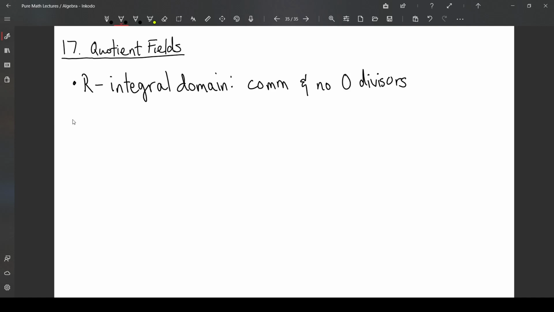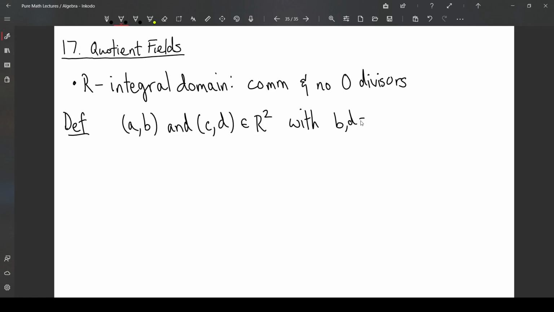And what we're going to do to construct essentially the fractions on R is we're going to let (A, B) and (C, D) be pairs of elements in R with the second element of each pair being non-zero.